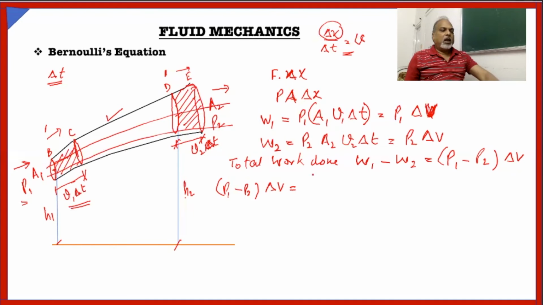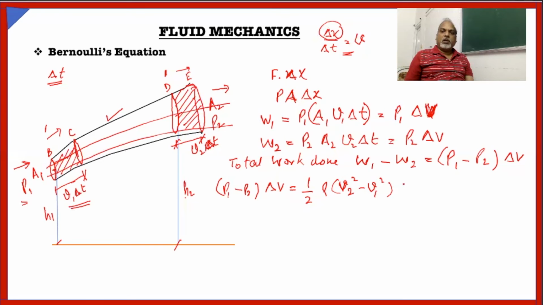Basically, one is change in kinetic energy. What will be that? You know, kinetic energy half mv square. Here it will be half rho V2 square minus V1 square. This is the change in kinetic energy from end B to end E. Got my point?